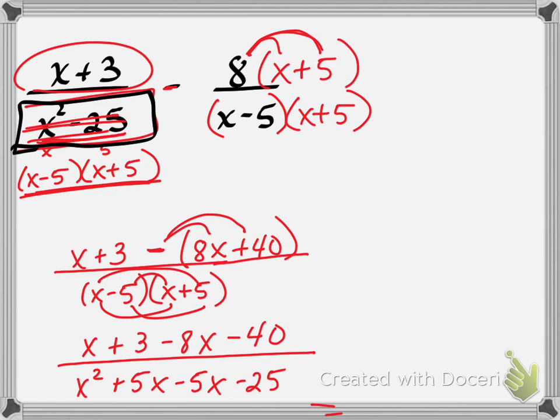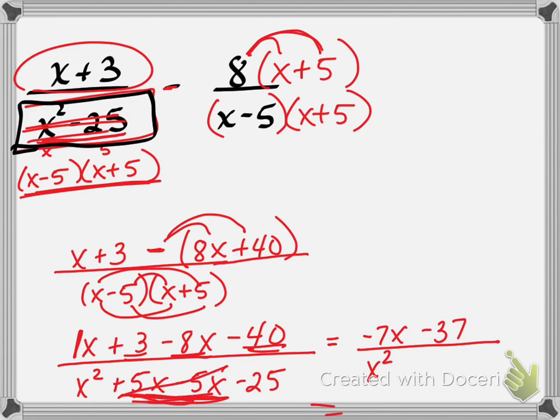All we have to do is try to combine the terms. 1x minus 8x is negative 7x. And 3 minus 40 is negative 37 over. These are going to combine their like terms. So x squared, these go away, right? Positive 5 and negative 5 is gone. So x squared minus 25.